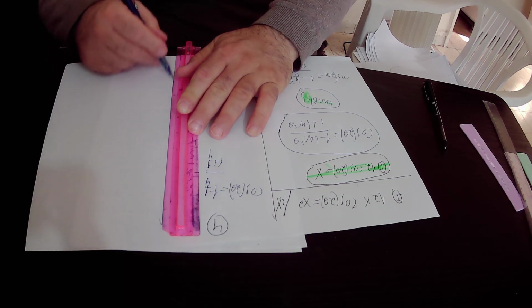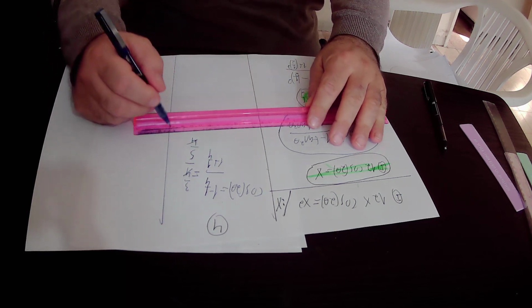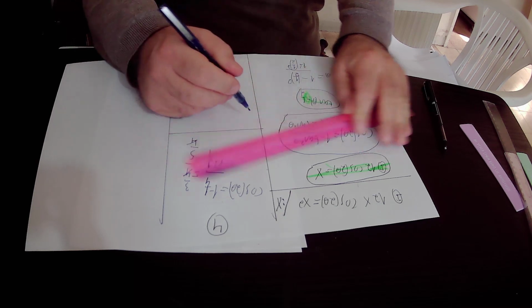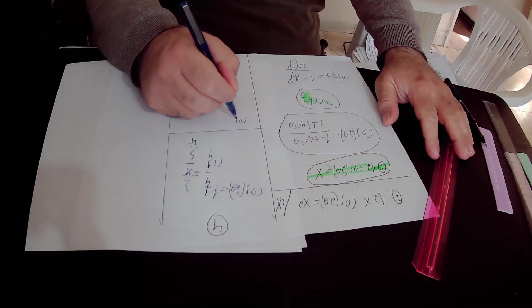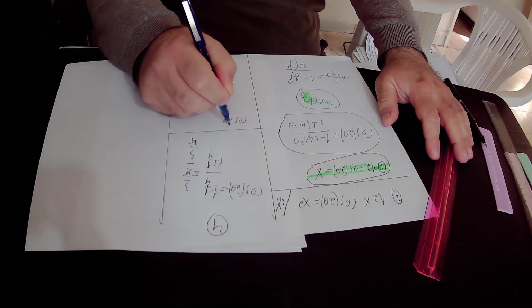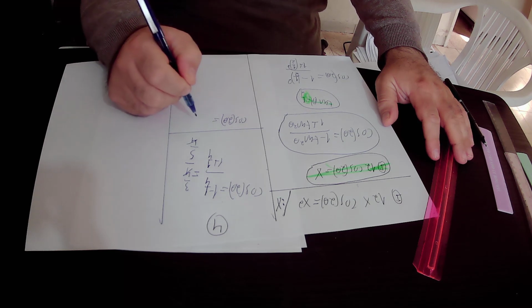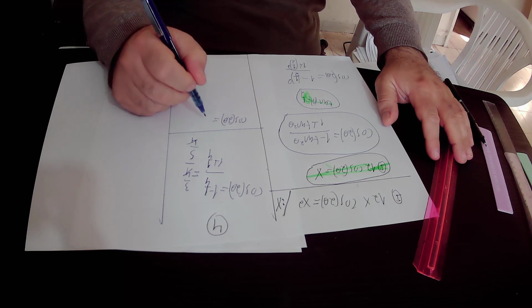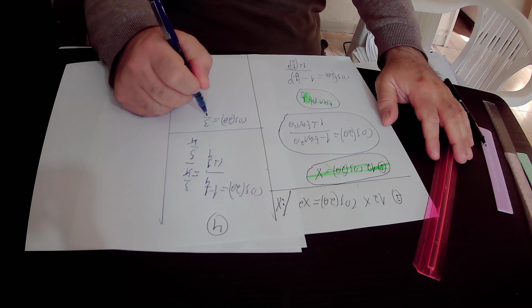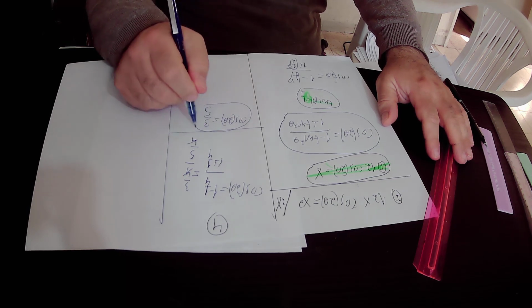In conclusion, we actually found out that cosine 2 theta equals 3 over 5, that is 3/5. Cosine 2 theta equals 3/5.